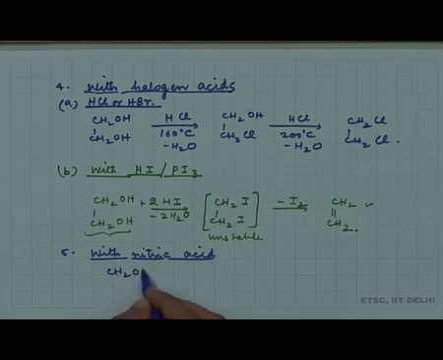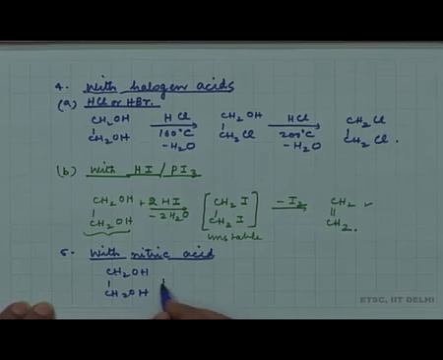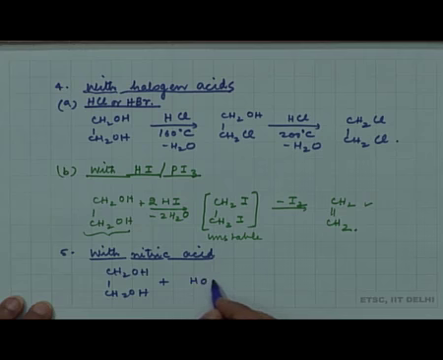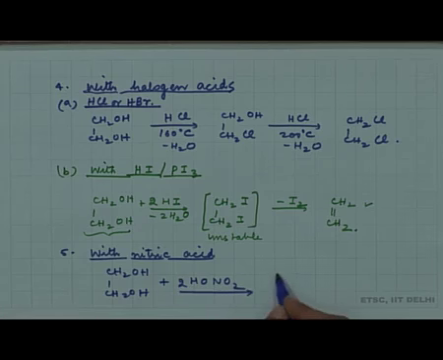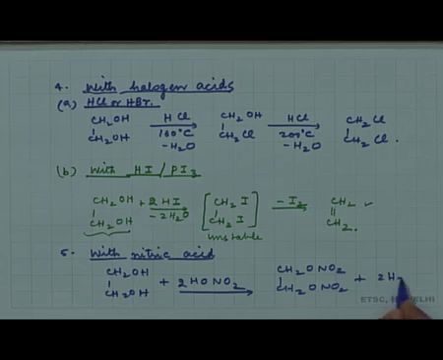So, you now have the diol and you are treating it with nitric acid. Since there are 2 hydroxyls, I will show it with 2 moles of the nitric acid, and I end up getting this dinitrate along with loss of water.